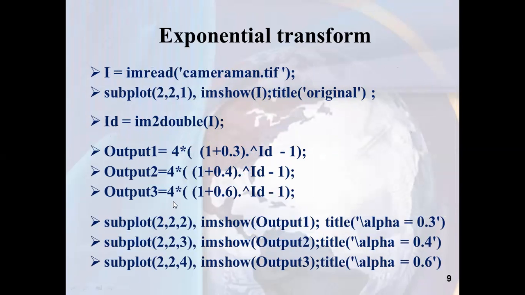Here we took the same constant c, 1 plus alpha, here 0.3, then 0.4, and here 0.6. We placed the original and the outputs 1, 2 and 3, which are after applying the exponential function for alpha 0.3, alpha 0.4 and alpha 0.6.